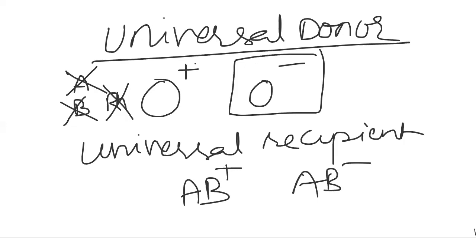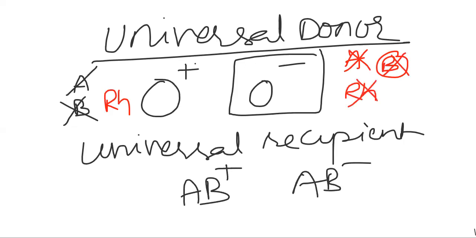O positive means Rh antigen is present. In O negative, there is no A antigen, no B antigen, no Rh antigen. Nothing is present on this RBC, a very plain RBC, which can be given to anyone. Universal donor, we can say.